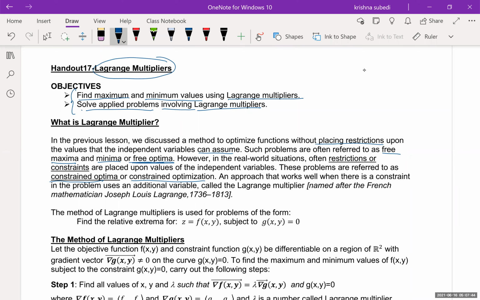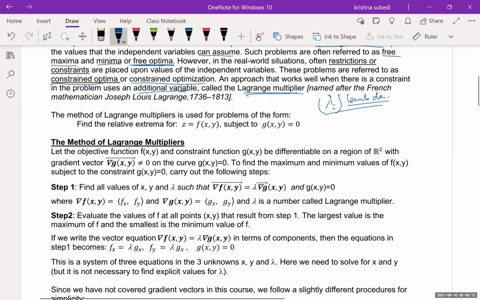In that case, we impose one additional variable and we call it Lagrange multiplier, and we denote that by lambda. Whatever variables are given in the function, we add one extra variable, lambda, called the Lagrange multiplier.